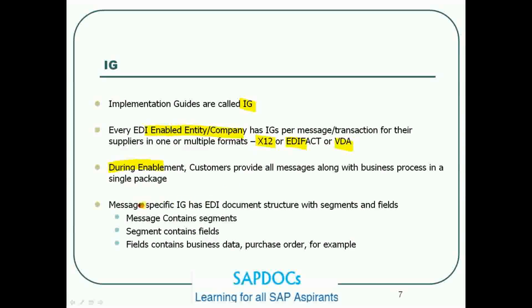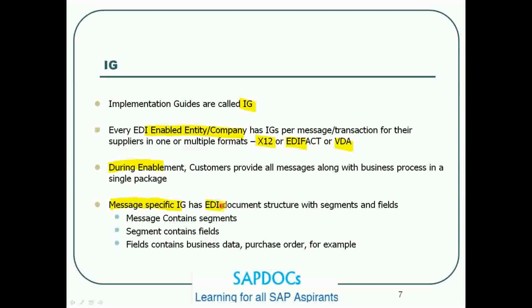In this single package, you tell the supplier how the data should go back and forth and what actions the supplier needs to take to complete the business functions that the data carries. For every message, the IG is like a blueprint of that message, and it gives the document structure that you are trying to send.